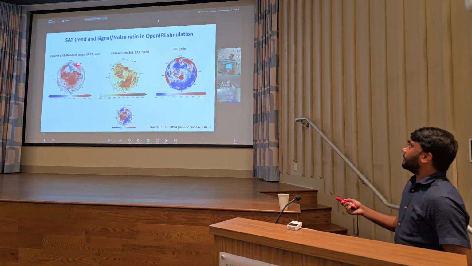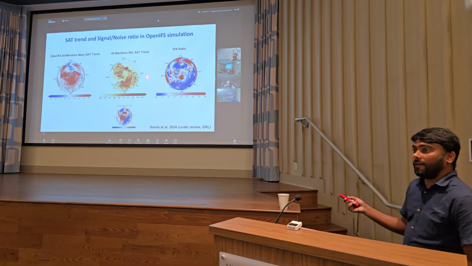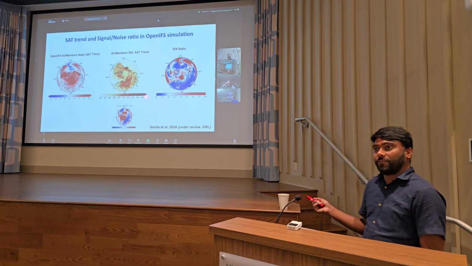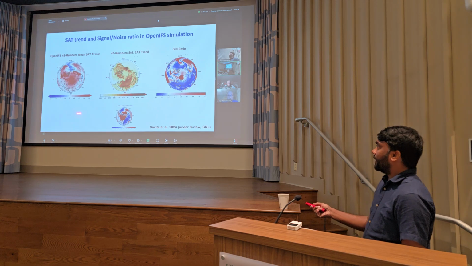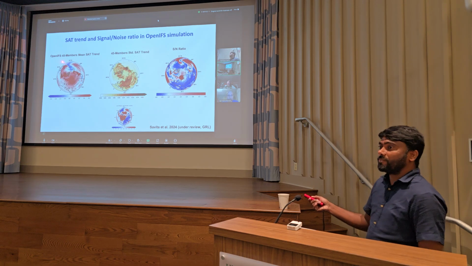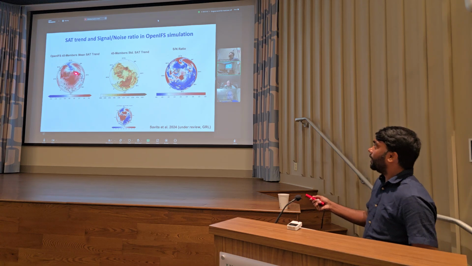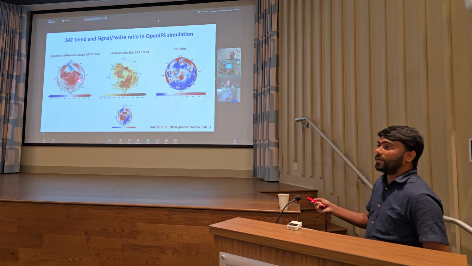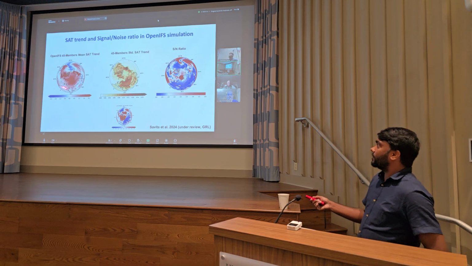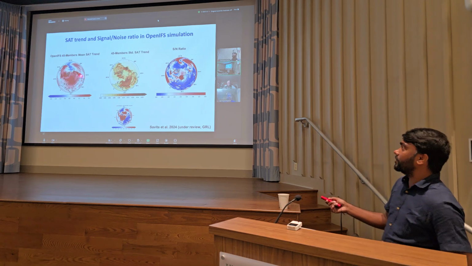Okay, so again, to understand whether the change we are seeing is because of forced or unforced. On the left panel you are seeing the ensemble mean of the control, the 45 members: you take the mean and compute the trend, and we are seeing there is no cooling anymore. That means this is the forced signal, warming the Eurasian region.